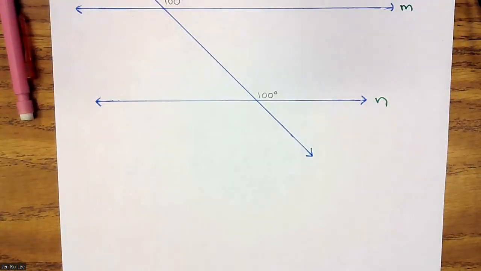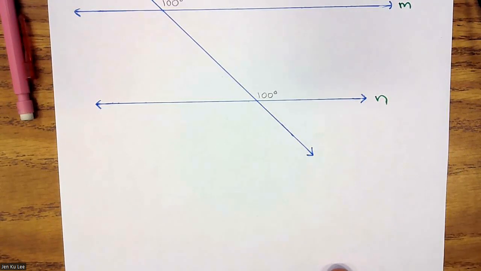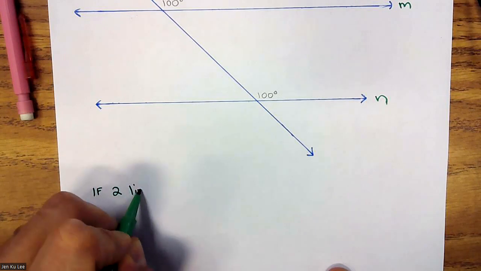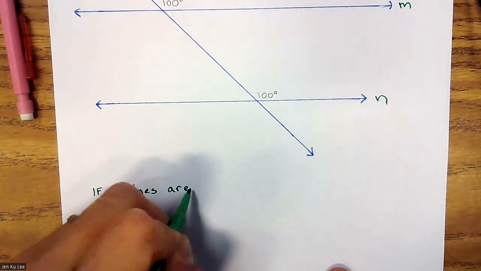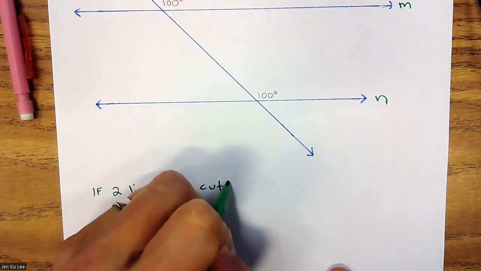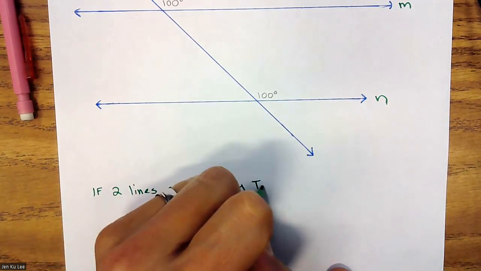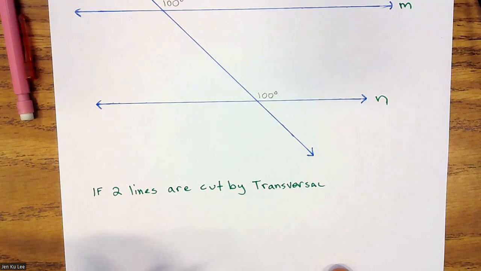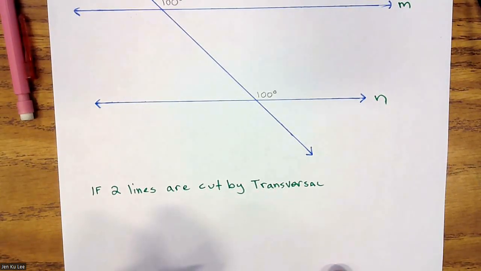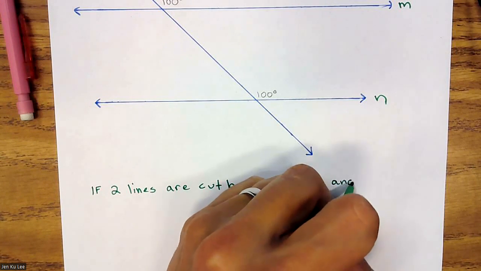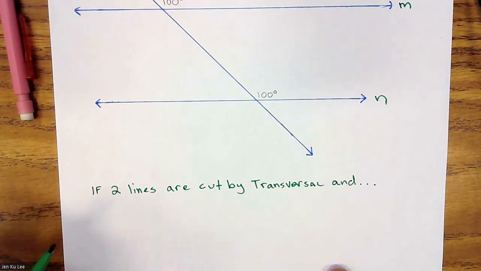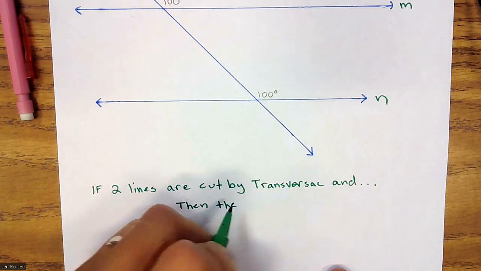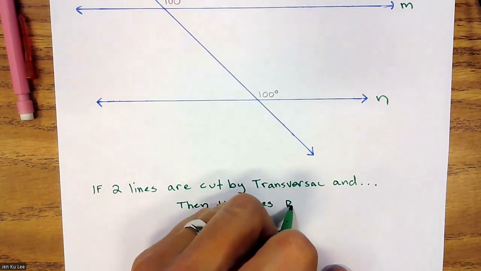In today's lesson, it's going to be: if two lines are cut by a transversal, and dot, dot, dot, then the lines are parallel.